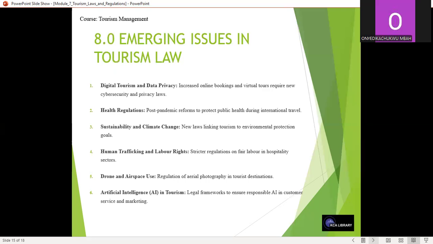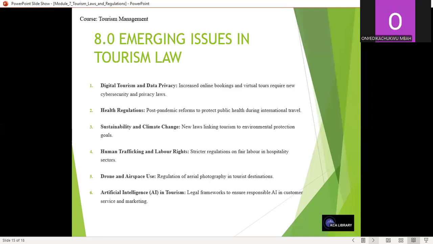So, emerging issues in tourism law. What are the issues with tourism law? Number one, we have digital tourism and data privacy. Increased online booking and virtual tours require new cybersecurity and privacy law. We have health regulations, post-pandemic reforms to protect public health during international travel.